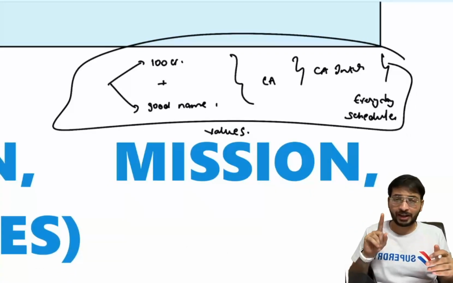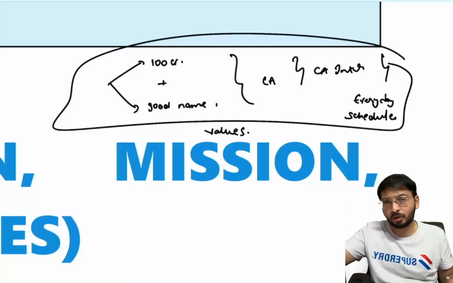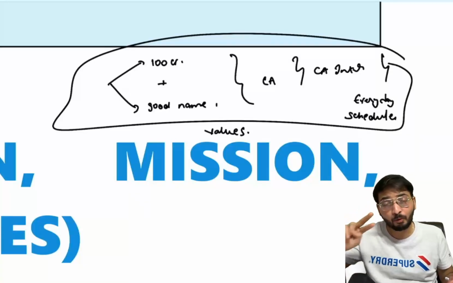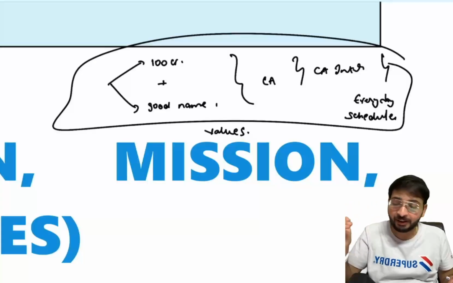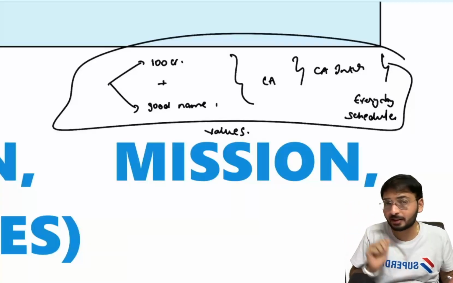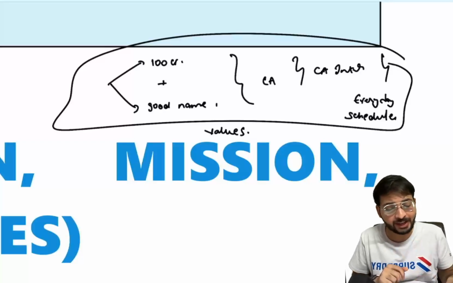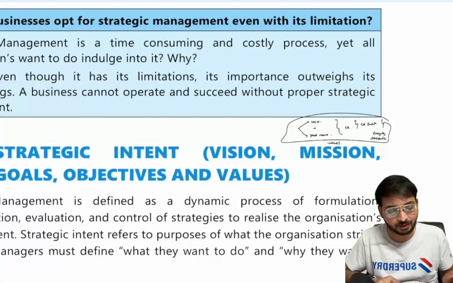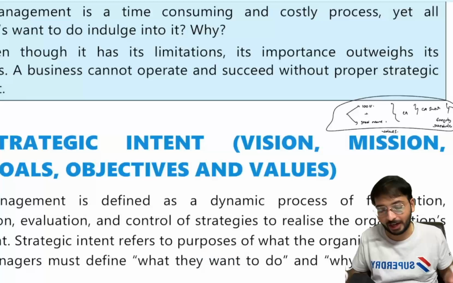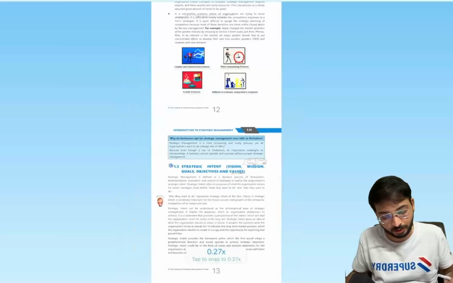Now your intention is to earn 100 crores and a good name in society. For that, you have chosen CA. To complete CA, where are you right now? It is CA Inter. So everyday schedules you will be preparing, plans you will be making, right? All these are called goals and objectives. And the entire thing is governed by something called values, right?